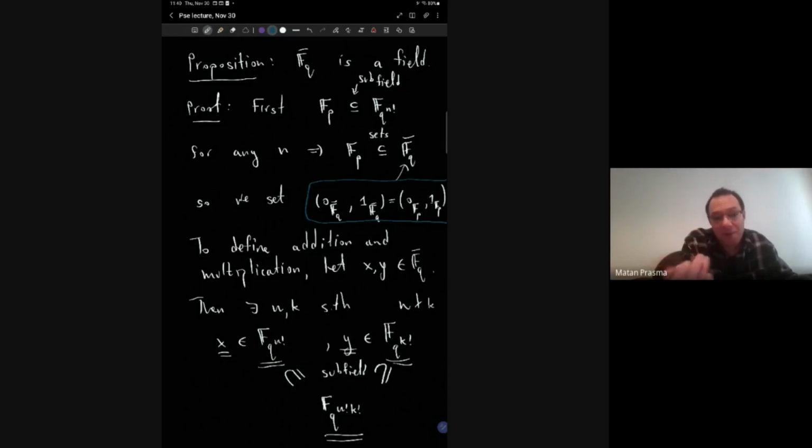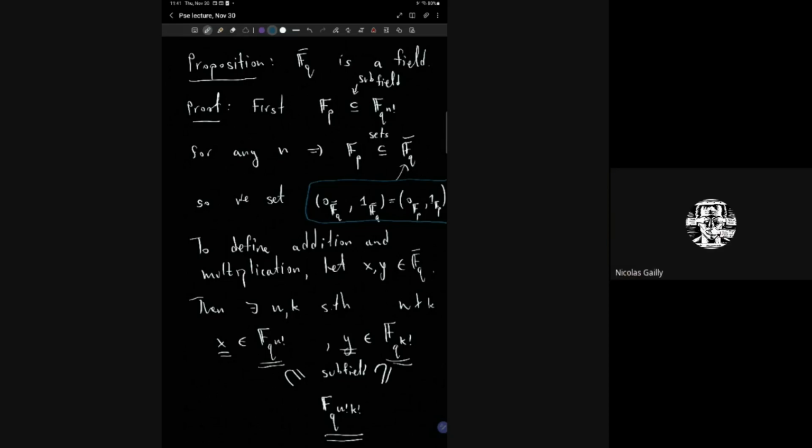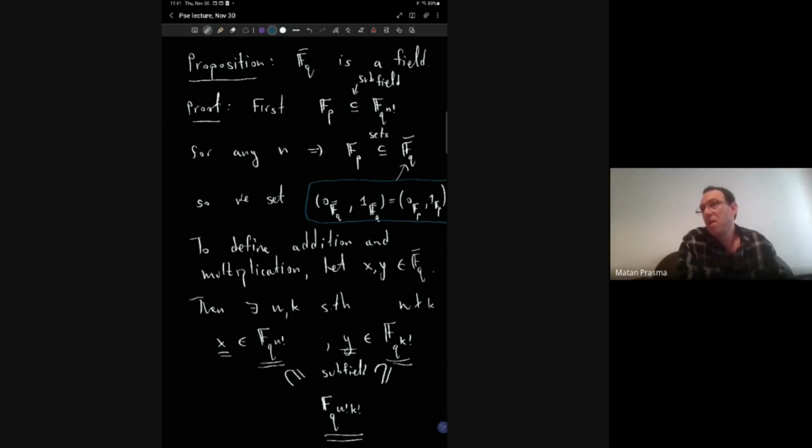No, I don't have to. What I'm saying is you could choose the 0 of FQ bar to be the 0 of FQ. Exactly. But what is the 0 of FQ? FQ contains the subfield FP. Yeah. What does it mean that it contains it as a subfield?